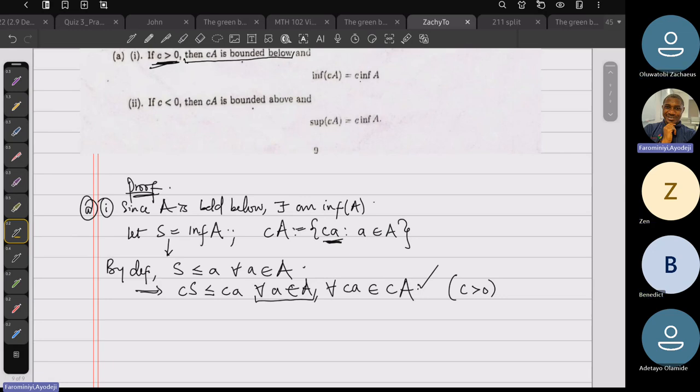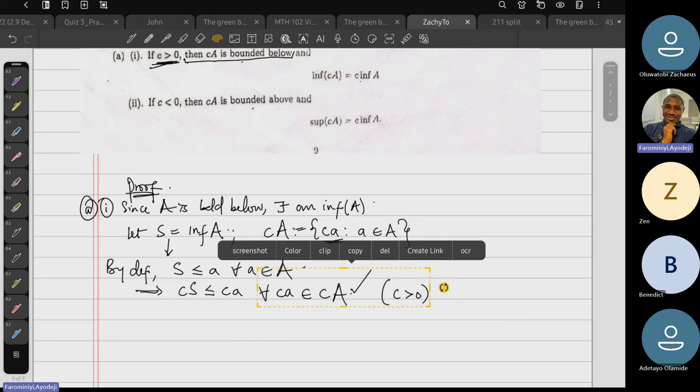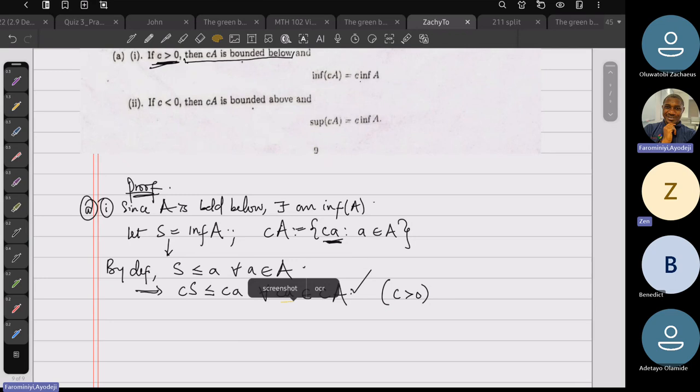What does this line that we've just written mean? Let me clean this and put it like this. What does this line mean? We have something that is less than all elements of the set.